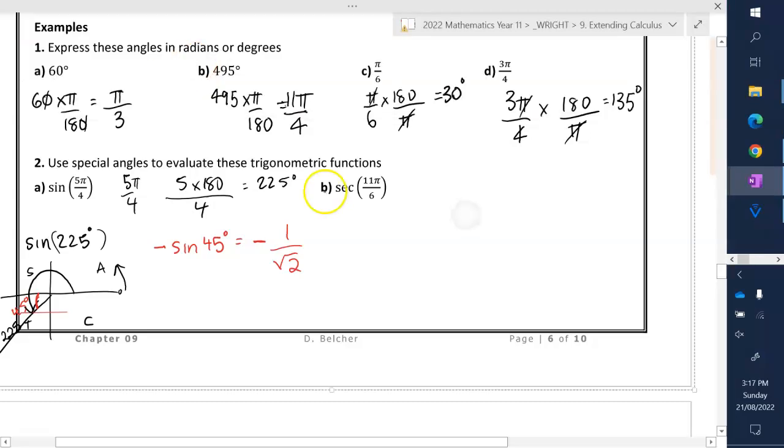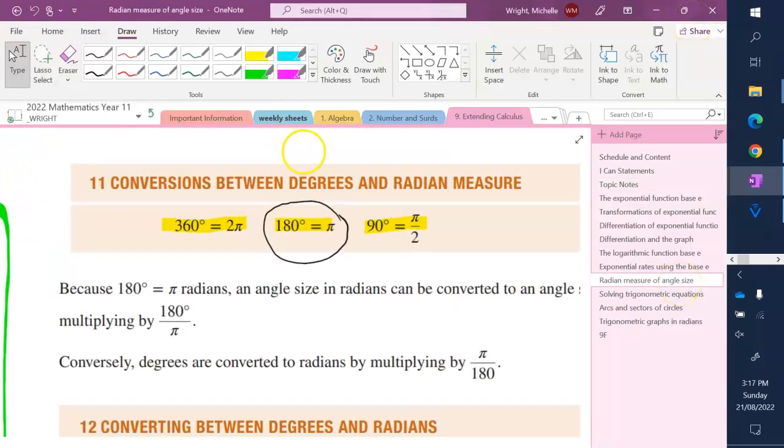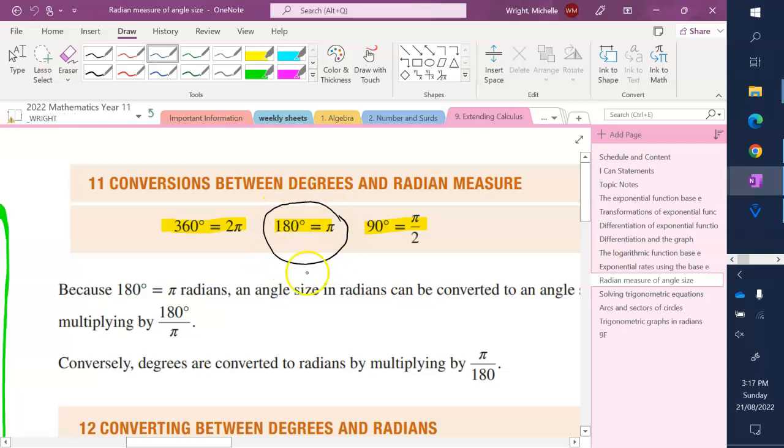Now, a couple of things, just to remind us, because I think we may have already forgotten, let's jump back in and have a look what our radian measures were. So let's keep reminding ourselves. Pi is 180. That's what I like to start with. I know if I need half a pi, it's pi on 2. If I need 360, I double it.